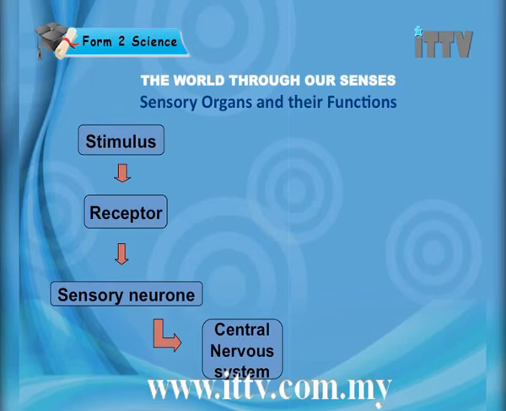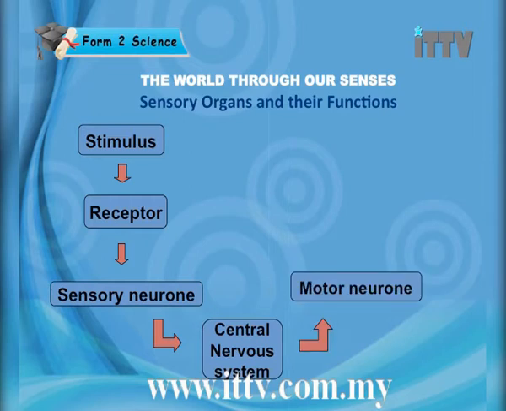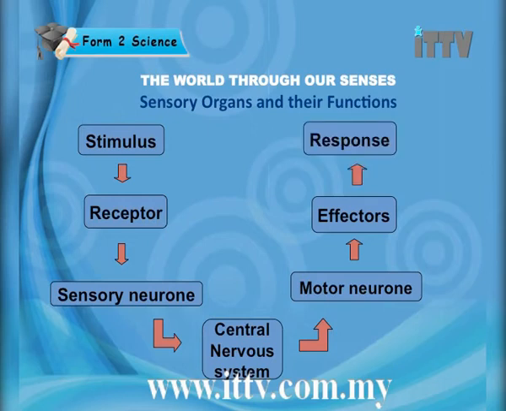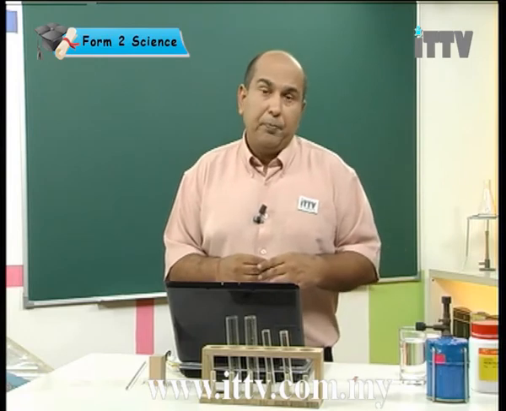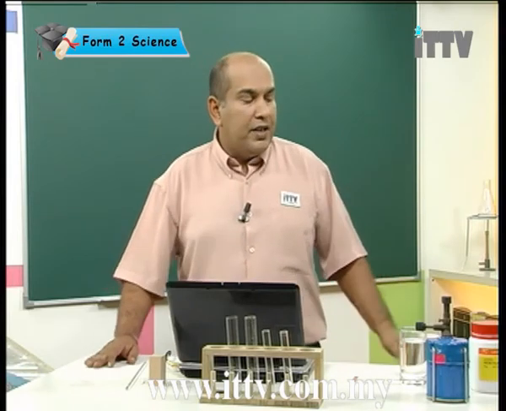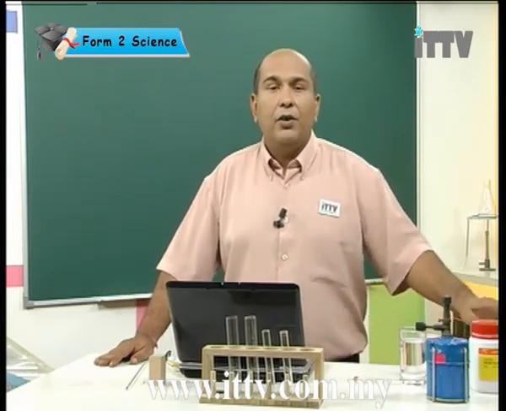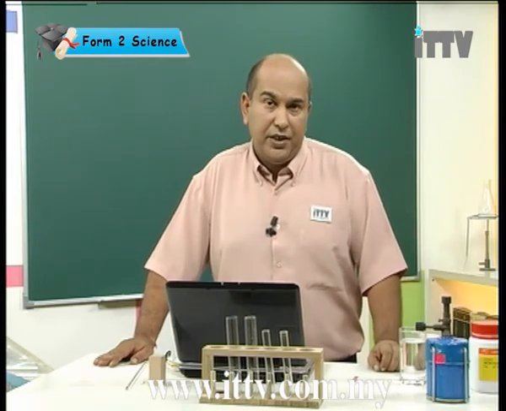The brain then sends a nerve impulse through the motor neuron to the effector, which is normally a muscle, and the effector causes us to make a response. This is called the nerve impulse pathway. And it's very important that you know the nerve impulse pathway because it always comes out in the examination.